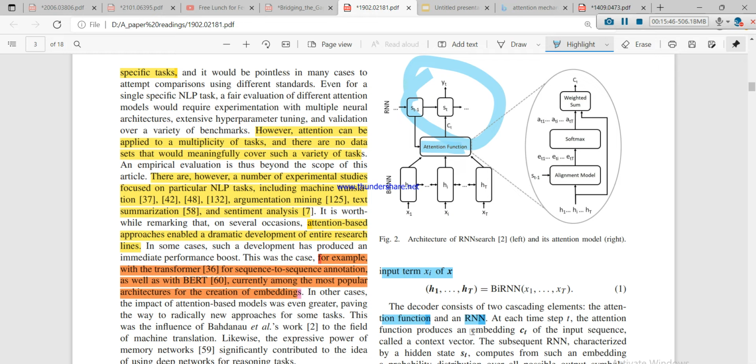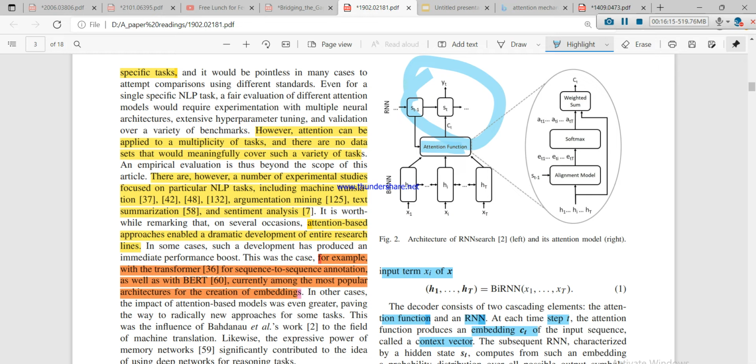So what is ct? ct is an embedding, and t is every time step: the attention function produces the embedding ct. That ct they are calling the context vector.